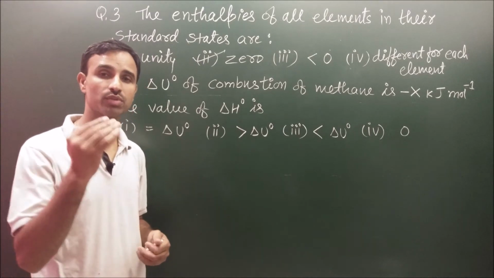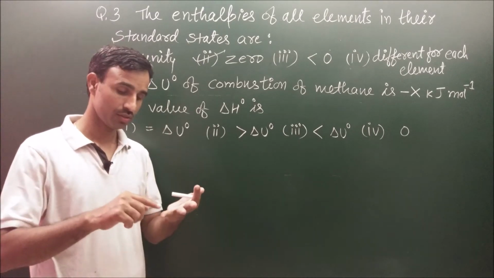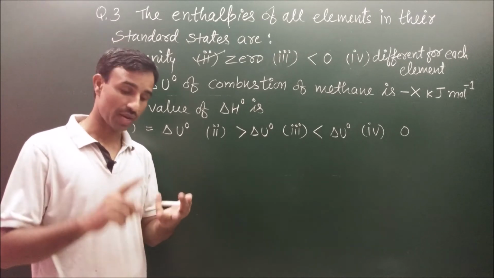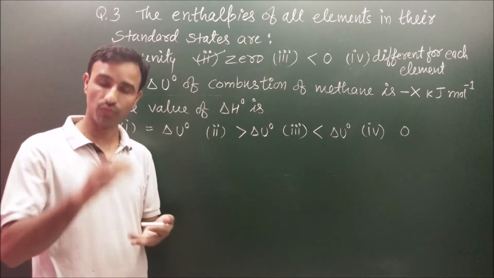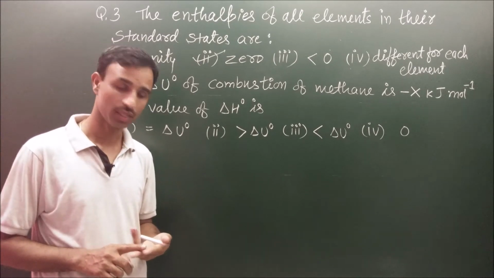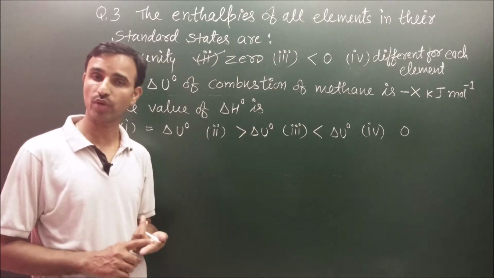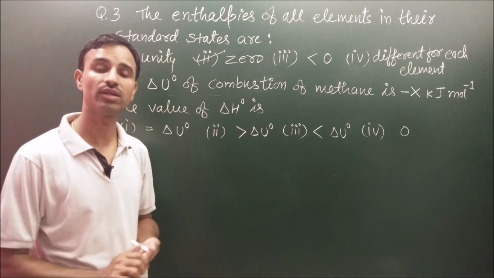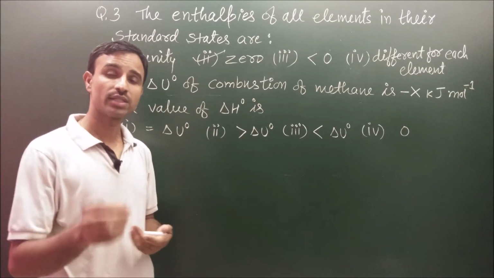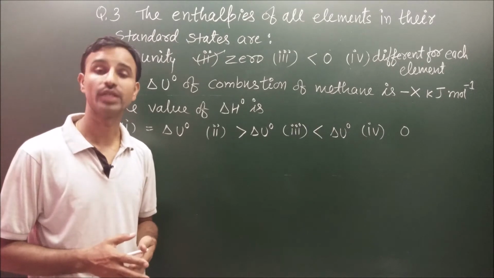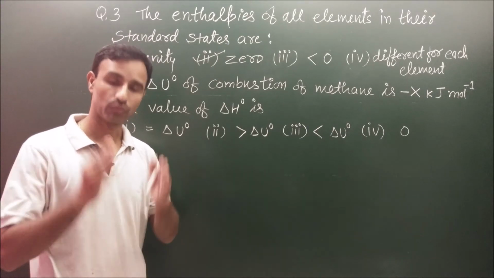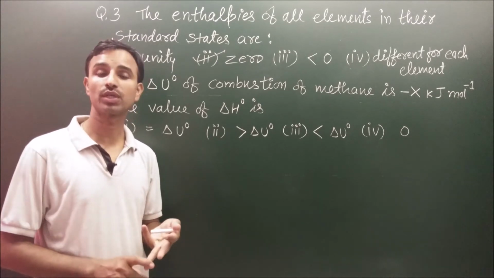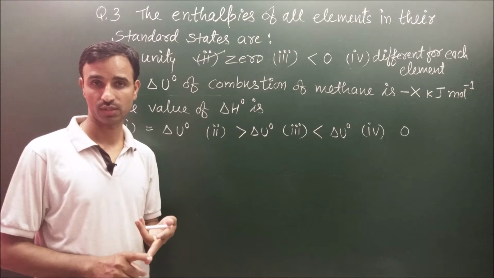Again, standard state of sulfur. Sulfur has different allotropes: rhombic sulfur, monoclinic sulfur, plastic sulfur. Out of all the sulfurs, rhombic sulfur, again it is thermodynamically most stable allotrope of sulfur, is taken as its standard state. Standard state of phosphorus is white phosphorus. There are three types of phosphorus: white phosphorus, red phosphorus, black phosphorus.